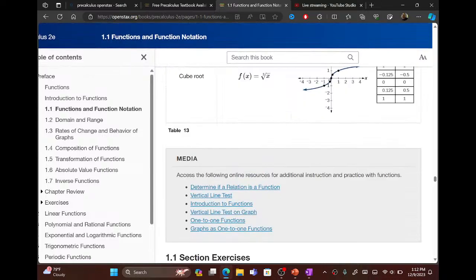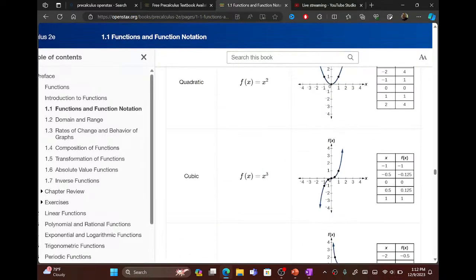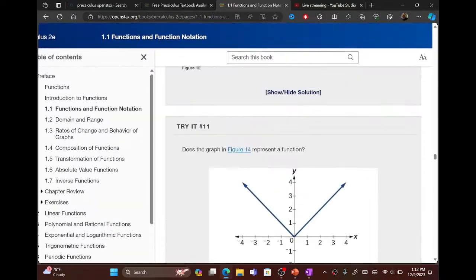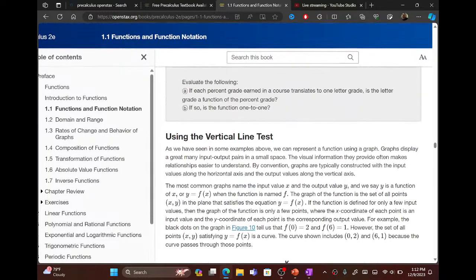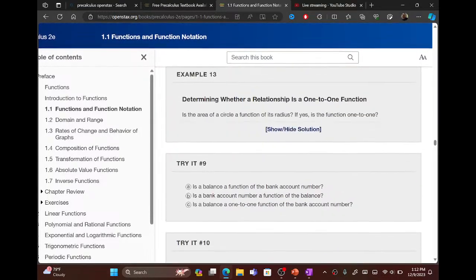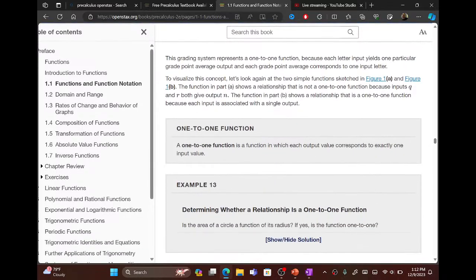Okay, we are almost done. For this stuff here, I'm just going to explain this very briefly, guys. A 1-to-1 function is really an inverse function.